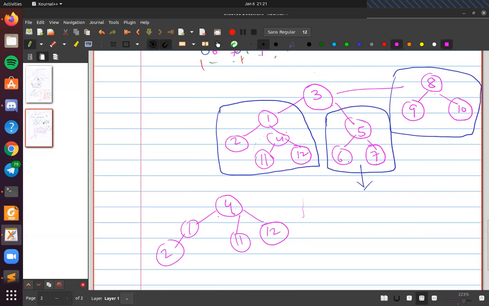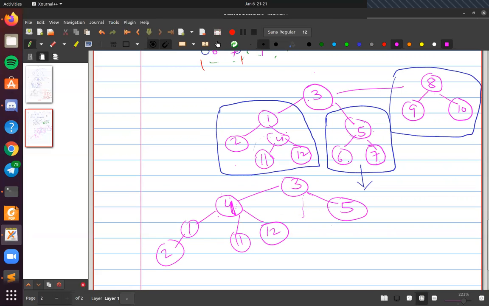So this is the tree formed after doing centroid decomposition of this part, and now we join the centroid of this tree, which is 4, to this root. This is our centroid of this subtree 5 6 7.